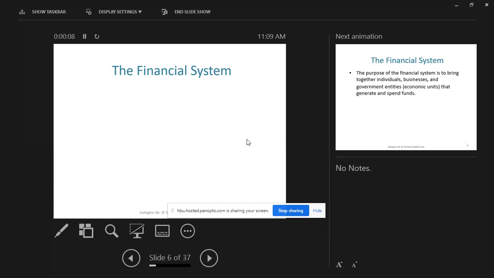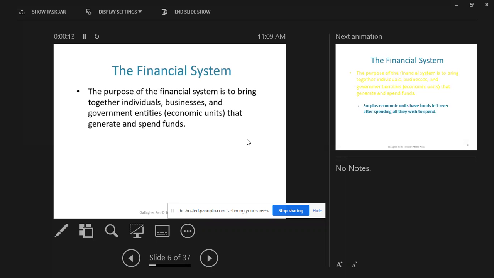Okay, so let's see. The purpose of the financial system is to bring together individuals, businesses, and government entities. All those 3 are called economic units that generate and spend funds. Individuals, businesses, government entities, all of them are called economic units.